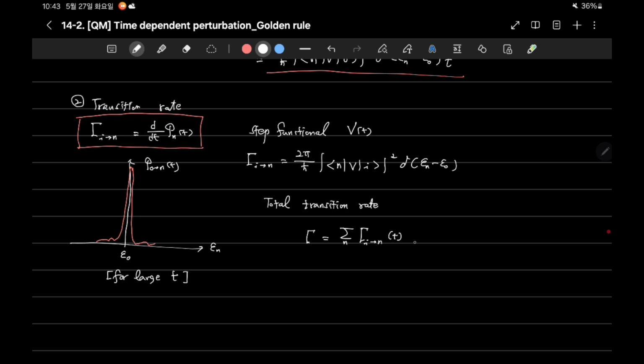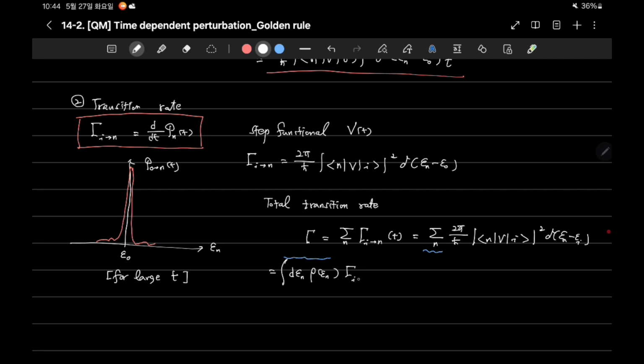Then it is 2 pi over h bar |n V i|^2 and the Kronecker delta of epsilon n minus epsilon i. So with many quantum states, the summation becomes an integration over epsilon n with rho of epsilon n.